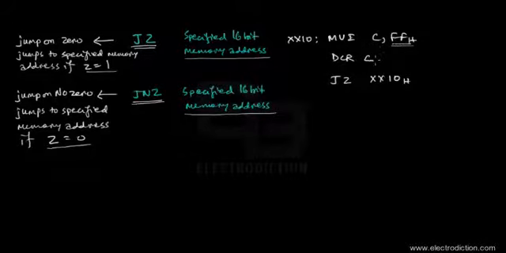Then we're constantly decrementing the value of register C. Each time the value is decremented, the conditional jump statement, that is JZ, jump on 0, checks whether register C's content is equal to 00H or not. This is what it is supposed to come down to.